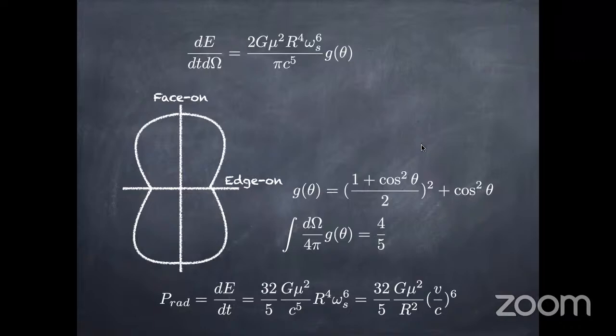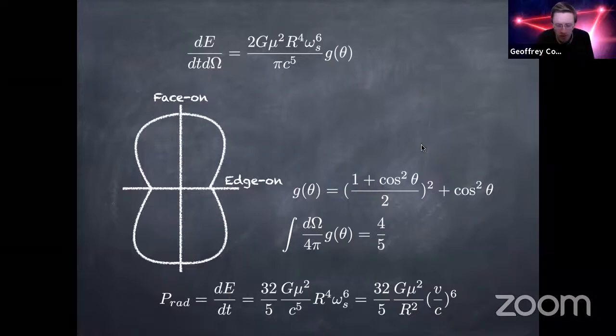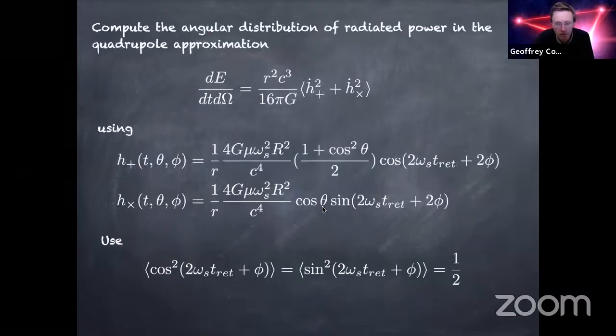But according to this formula, if we are in the edge-on direction, there is no cross polarization. Yes, there's no cross polarization. That's right, you don't see it at all because of this cos theta. But in that case you detect that one polarization only.